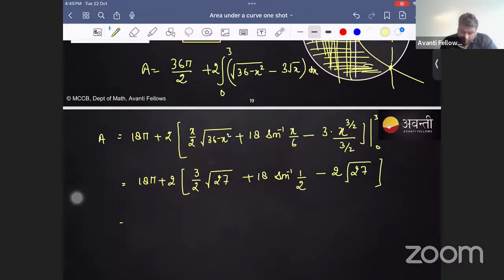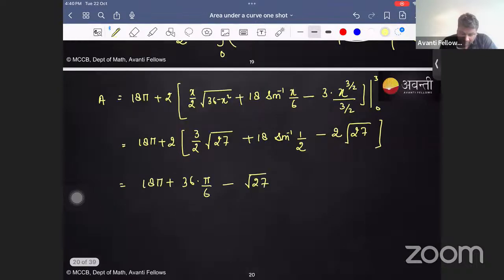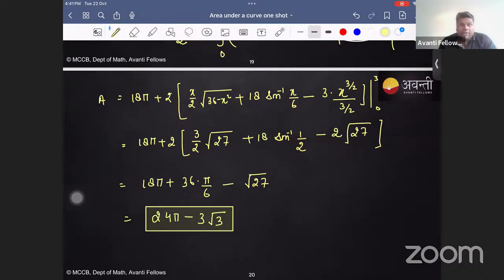So it is 18 pi plus 36 times pi by 6 plus 3 root 3 minus 4 root 27, which is minus of root 27. So that is 18 pi plus 6 pi, so 24 pi minus 3 under root 3. Twenty-four pi minus 3 under root 3. Got this? Am I clear?